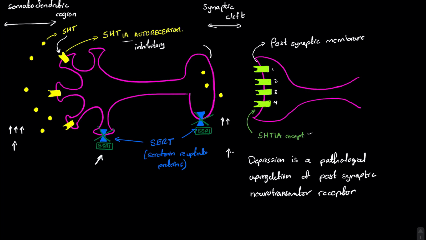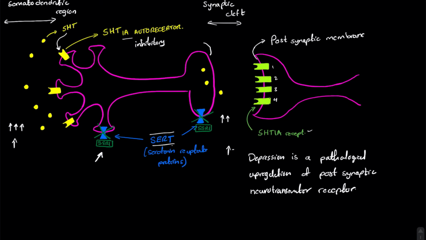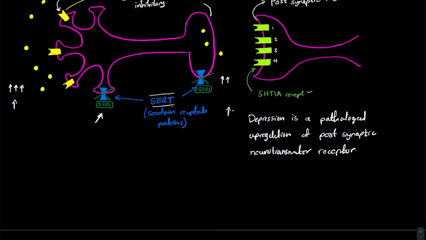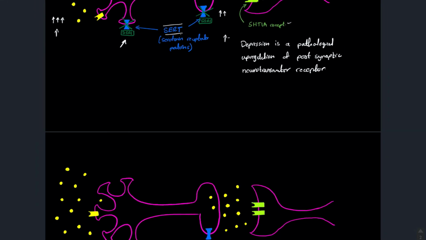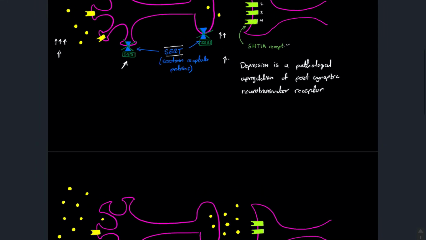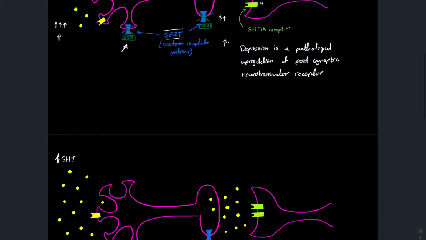Now, with the introduction of the SSRI blocking the SERT proteins, the levels of 5-HT or serotonin increase. That has been depicted in our figure 2. And if you want to compare, we can see there is more serotonin over here in the somatodendritic region. And what this inadvertently does is it downregulates the 5-HT1A autoreceptors.